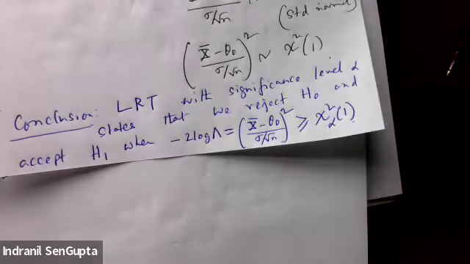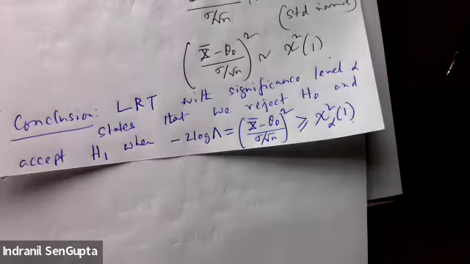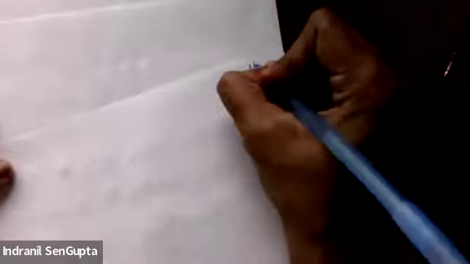Okay, so this is how we can use the likelihood ratio test for the mean. Now, I'll write one more result, and after that, I'll solve some of the other problems. There is a very powerful result.